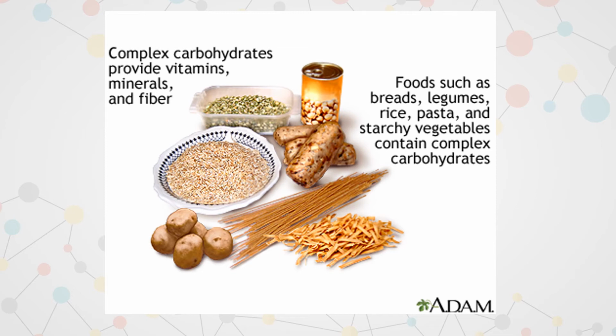So it is more important for us to eat those foods that are composed of complex carbohydrates, because aside from energy, they can provide vitamins, minerals, and fibers. So these are the foods composed of complex carbohydrates that we can see at home.